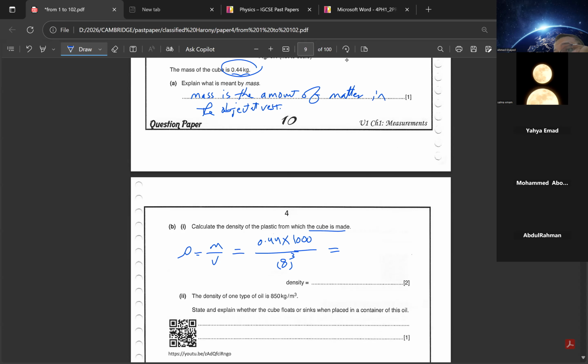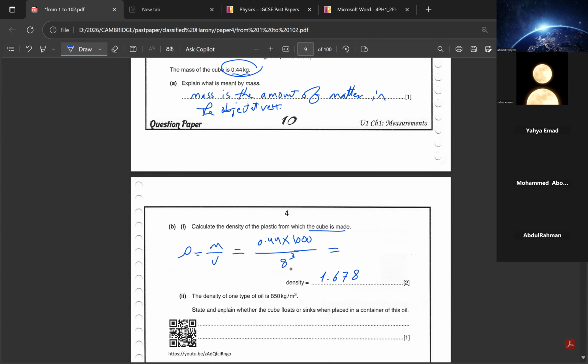Do I need to put the practice on the calculator? No, you don't need to do it. 1.678. What is the unit?